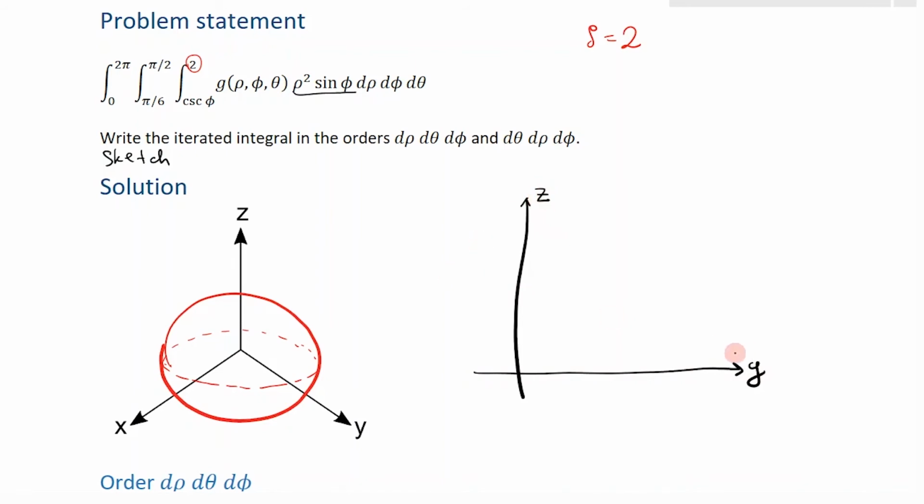This is Z, this is Y, okay? And we've determined that we have a sphere. Now it's 2 here, 2, -2, and -2.